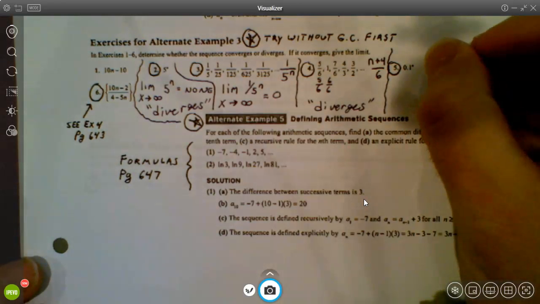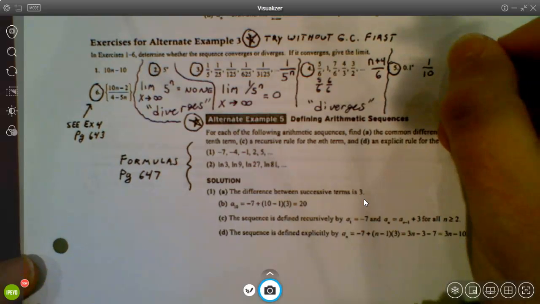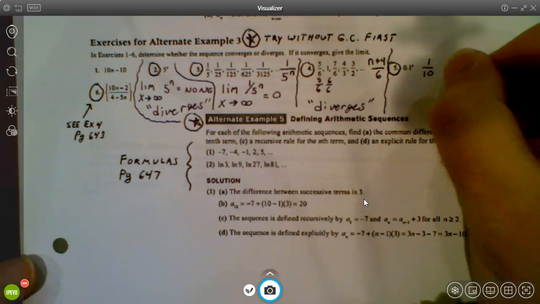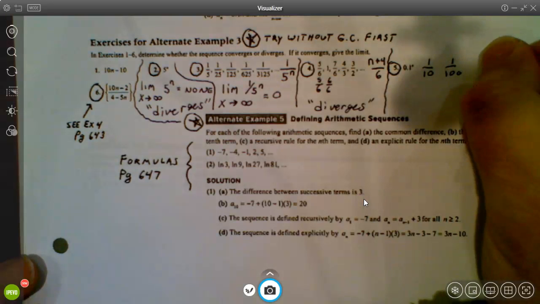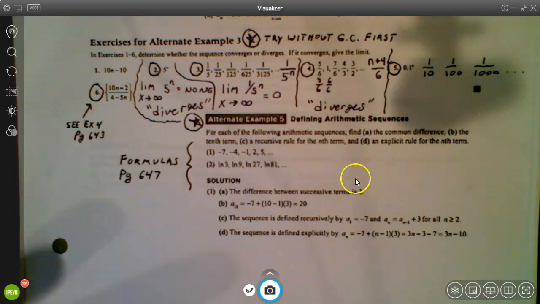So again, think about this one for a minute. If I have 1/10 to the first power, 1/10 to the second power, 1/10 to the third power, and that keeps going, what's taking place? It's another example that looks just like the first one, where as n increases, my overall value is getting smaller and smaller because my denominator is growing.